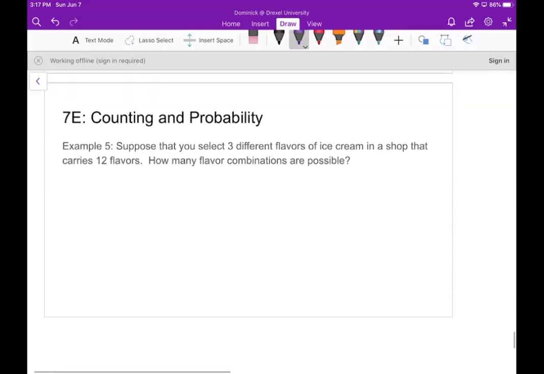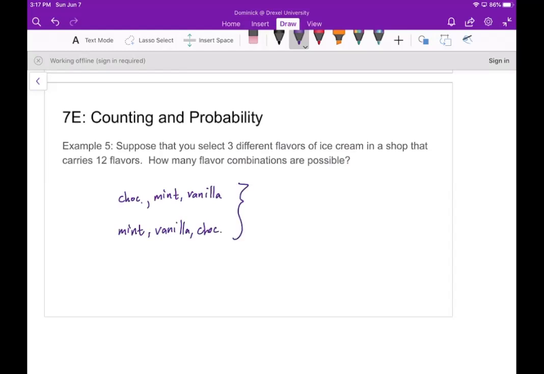Now, in this next example, we want to suppose that you select 3 different flavors of ice cream in a shop that carries 12 flavors. We want to know how many flavor combinations are possible. Well, think about it. If you get chocolate, mint, and vanilla, or something like that, that's still the same as mint, vanilla, and chocolate, right?